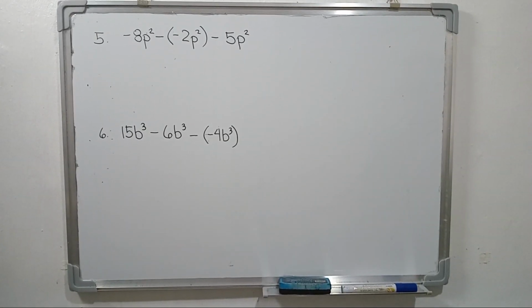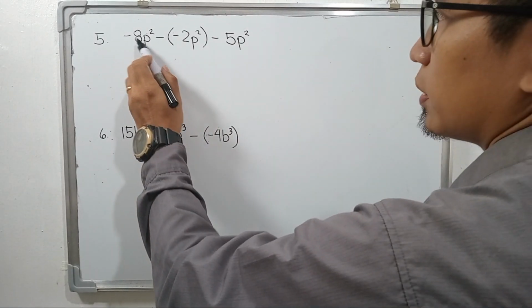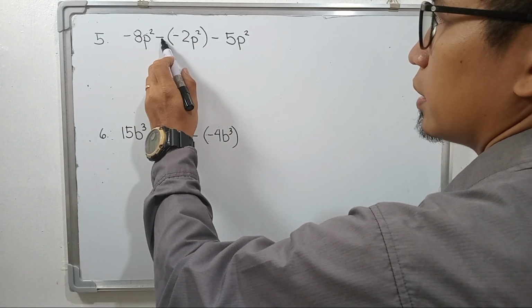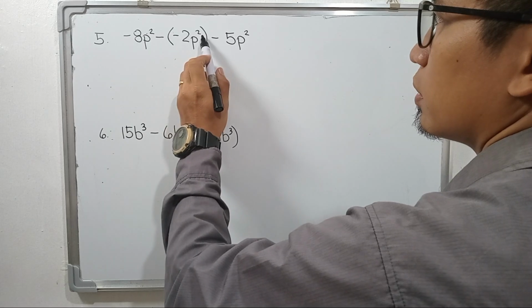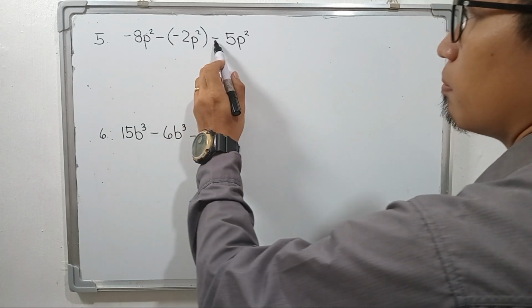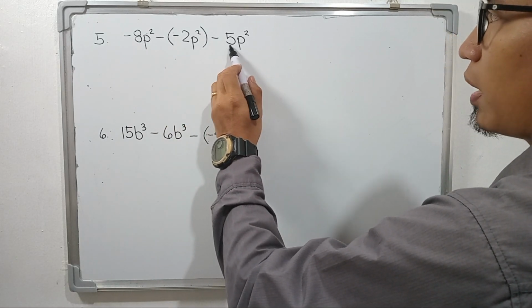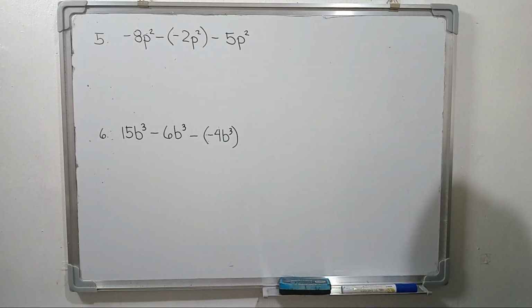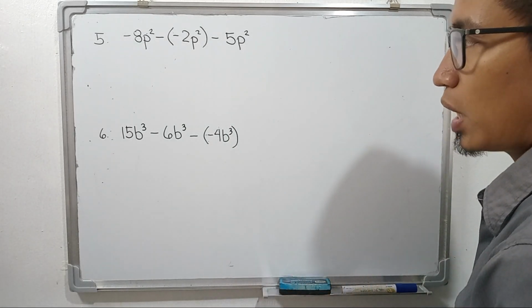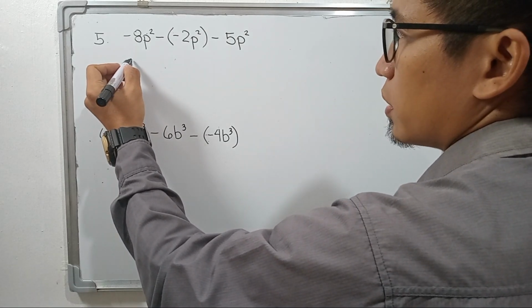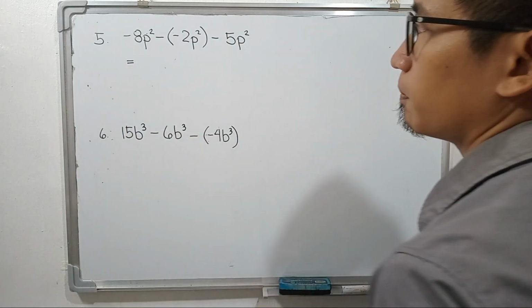Example number 5. Negative 8p squared minus negative 2p squared minus 5p squared. So remember, subtracting a monomial is just the same as adding its opposite.